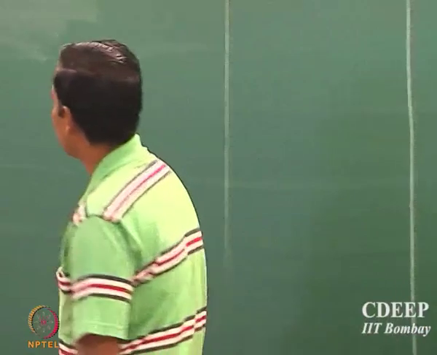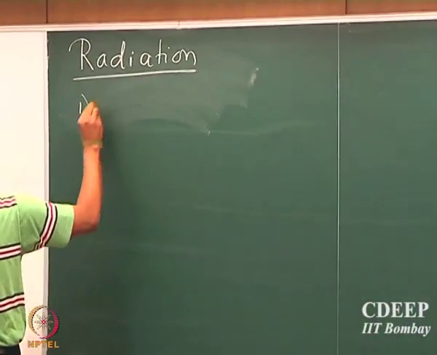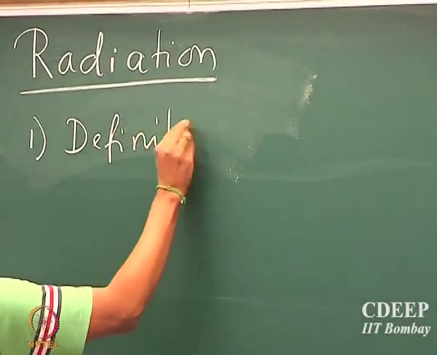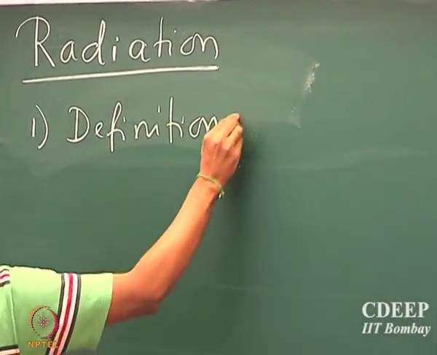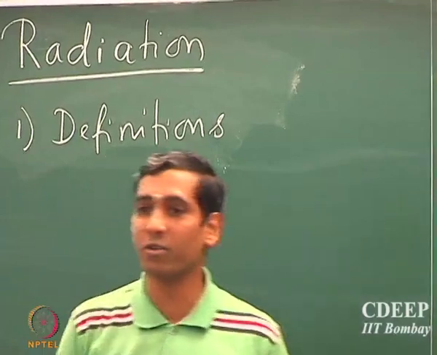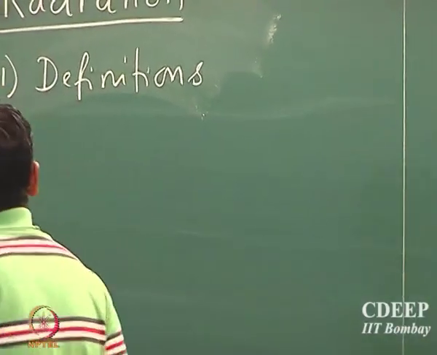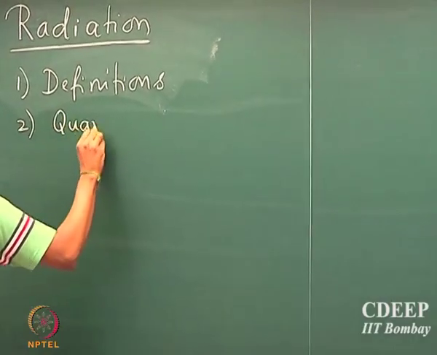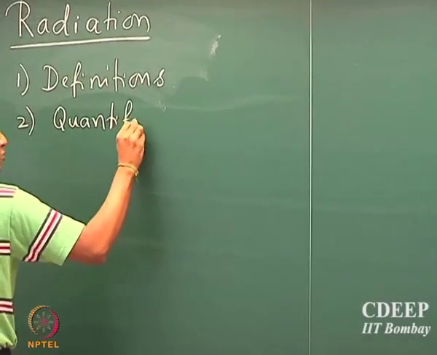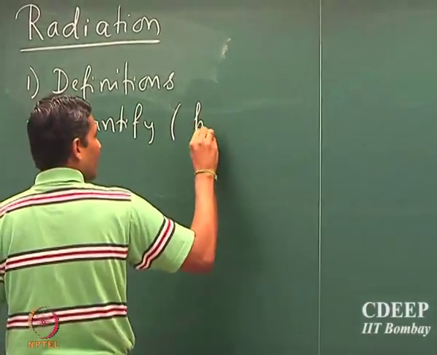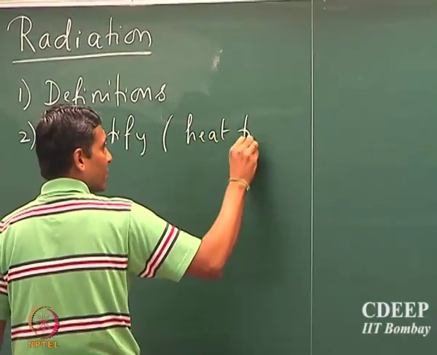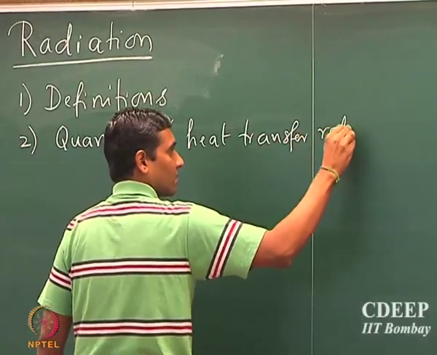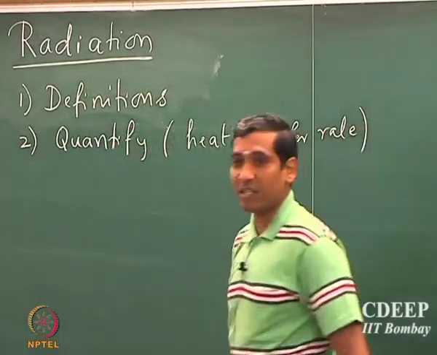One is we'll start looking at definitions of radiation. We'll look at various definitions associated with radiation. We'll look at how to quantify, that is, how to find the heat transfer rate, for various cases.